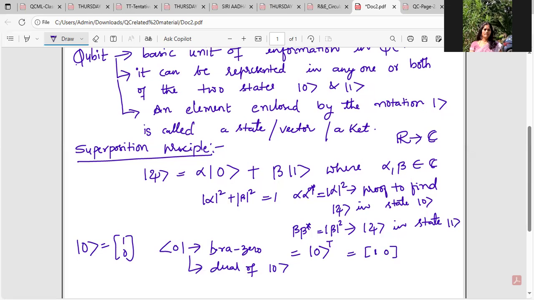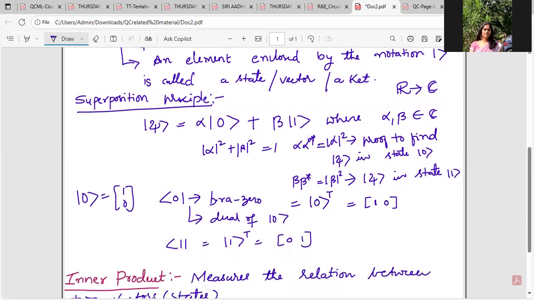Similarly, the dual of ket 1 would be represented using the notation bra 1. It's again a row vector, which is 0, 1. With this small information, I go to the inner product definition.